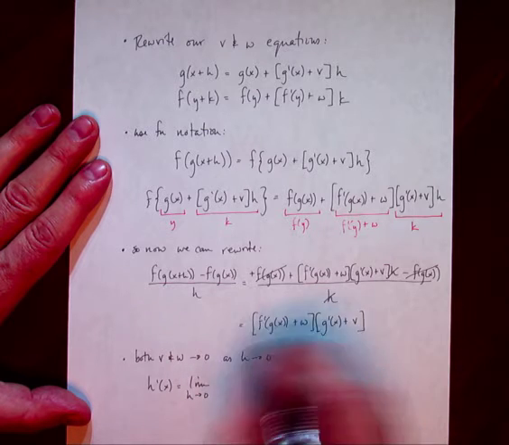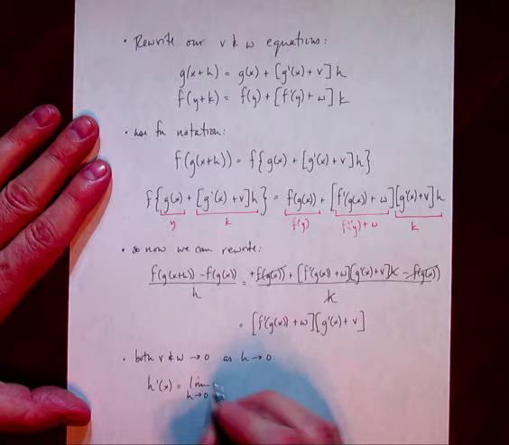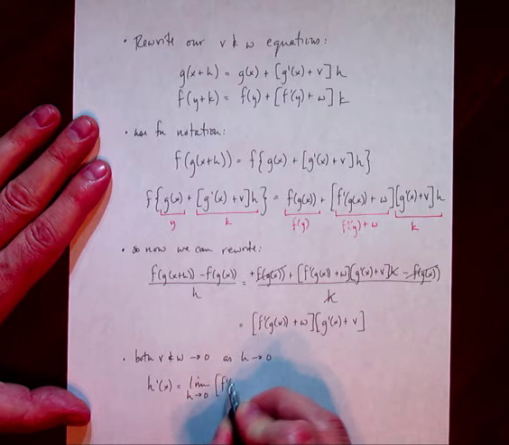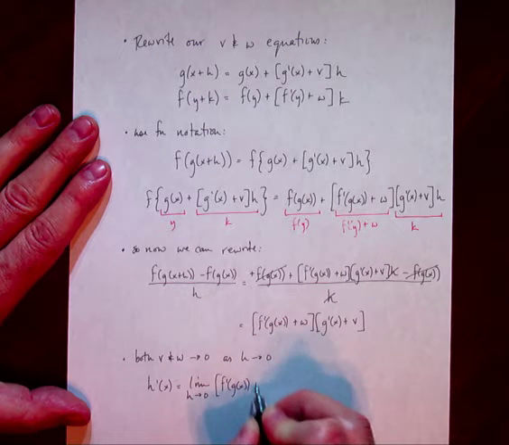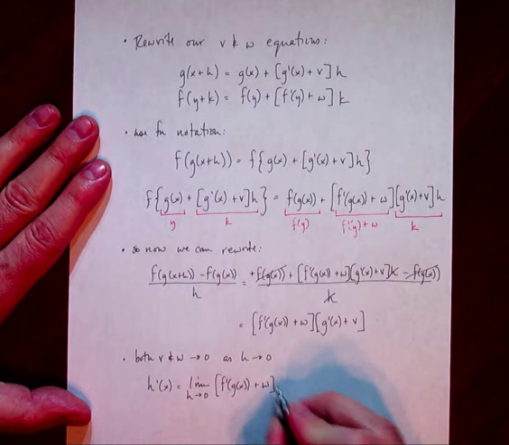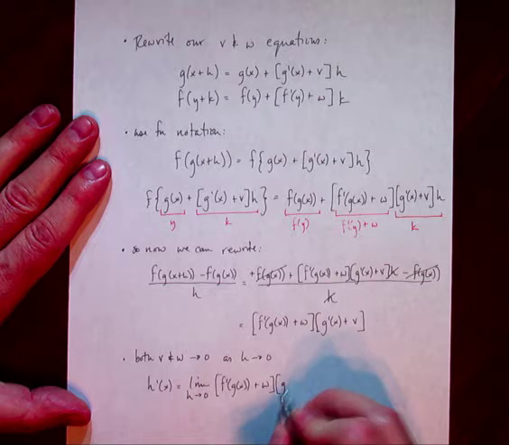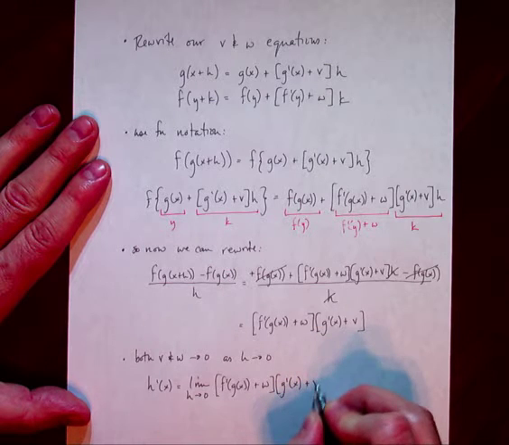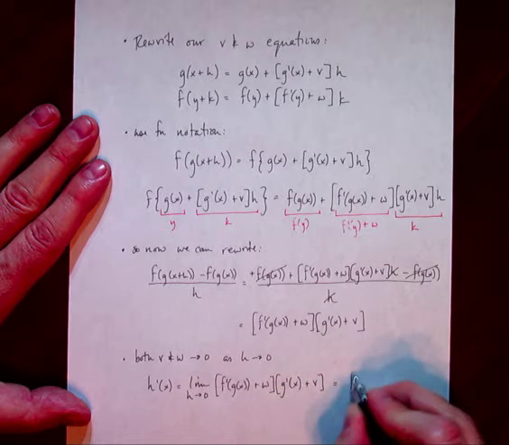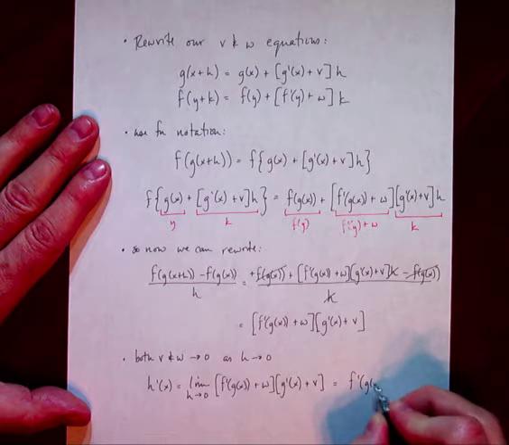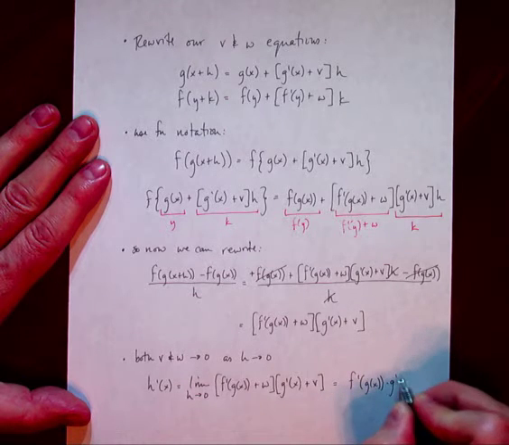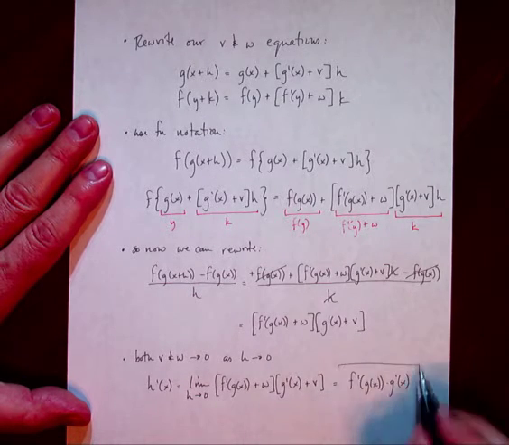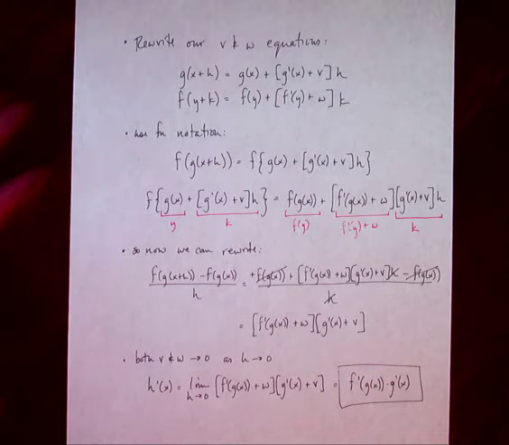So we're just going to take the limit of this rewritten version. And as h goes to 0, both w and v go to 0. And so we're just left with f prime of g of x times g prime of x, and boom. That is the proof of the chain rule.